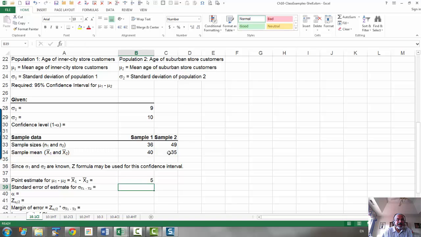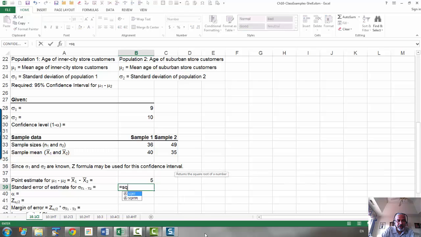Now the standard error of the estimate is given by the formula: sigma sub 1 squared over n sub 1, plus sigma sub 2 squared over n sub 2, the whole thing under a square root.